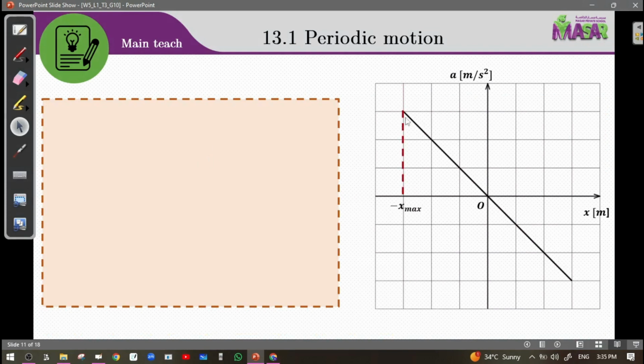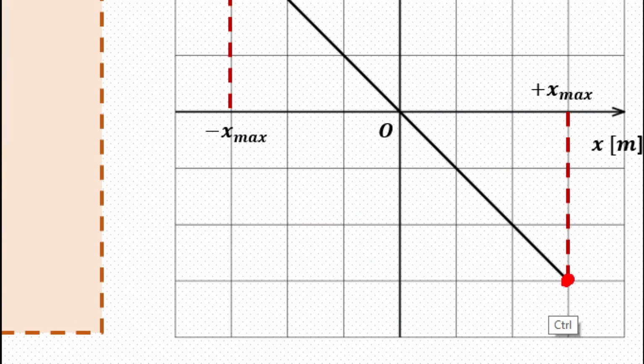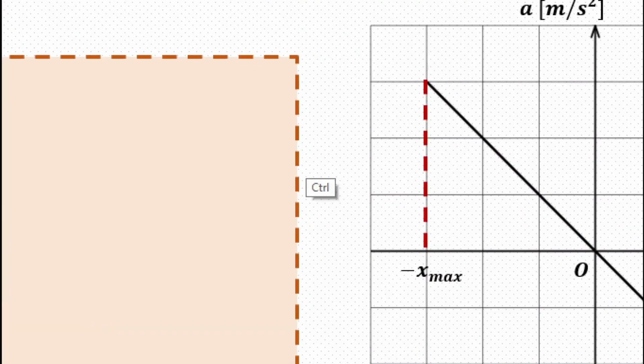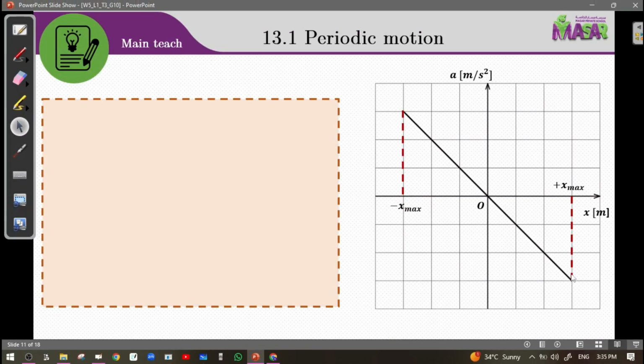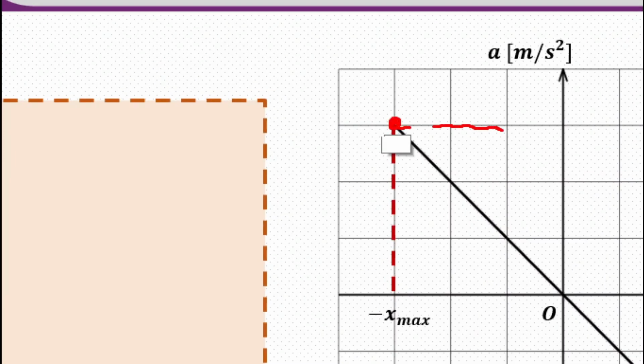Now, the extreme points in this linear graph represent the minus x max and the plus x max. The projection of this extreme point here represents the plus x max, which means the distance from O to the plus represents the amplitude. The other extreme point represents the minus x max. Now this is the horizontal projection for each of these points. What about the vertical projection, which means this coordinate?